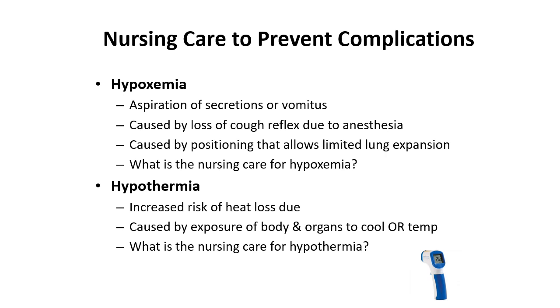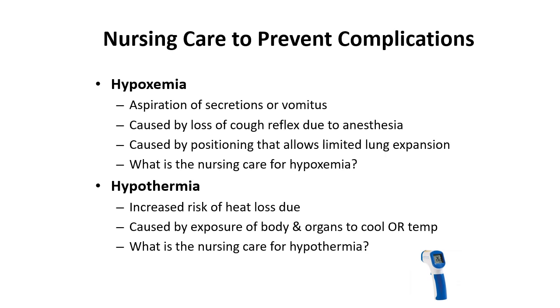Now, hypothermia. We're going to have patients that are at increased risk for hypothermia over others, especially elderly patients, and especially those with decreased subcutaneous fat. They're going to be at increased risk of heat loss. Now, you can't put extra clothing on a patient in the OR because we need to be able to get to their bodies as needed because they are a surgical patient.